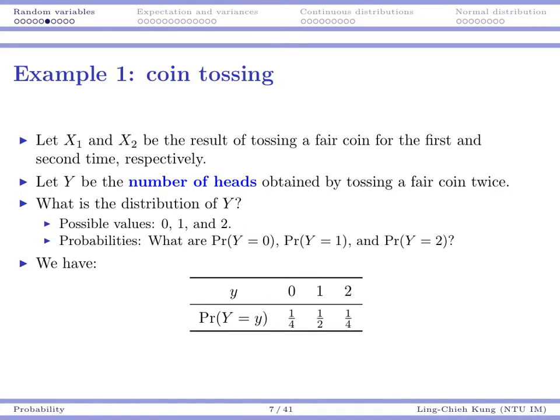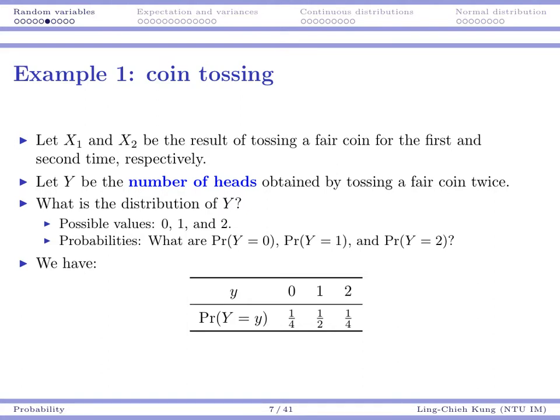Okay, so now to describe this random variable y, we need to again write down all its possible values. Because we flip one coin twice, there are three possible values: either it's 0 or 1 or 2. Okay, so that's the possible outcomes. And then for each outcome, we need to decide its probability. So we need to find the probability for y to be 0, 1, and 2. And the outcome is not so difficult to obtain.